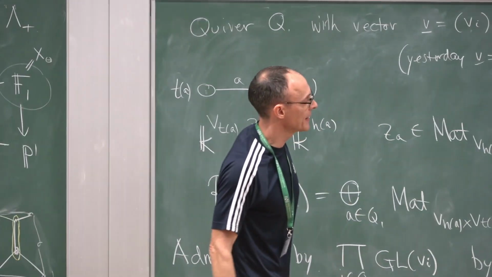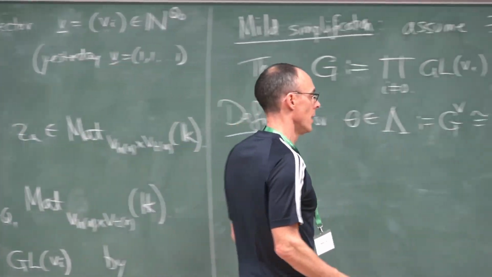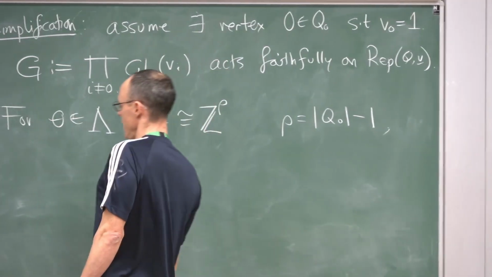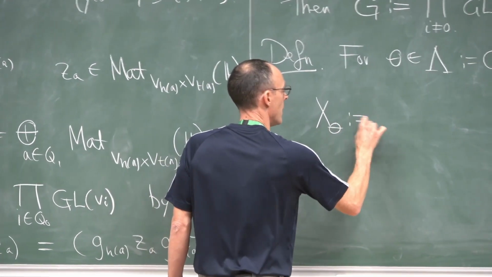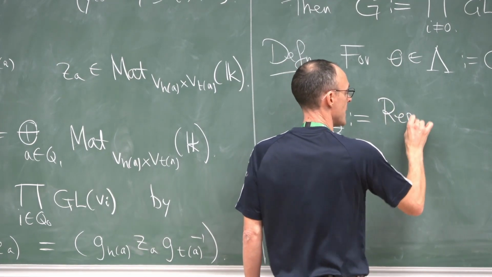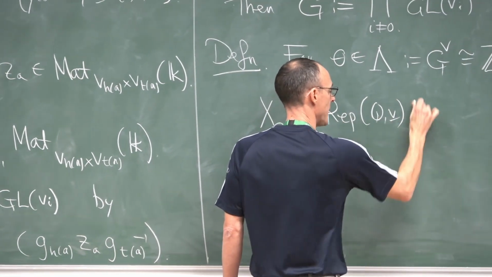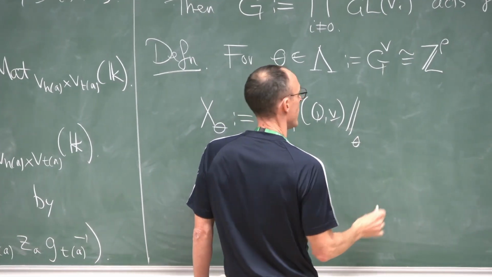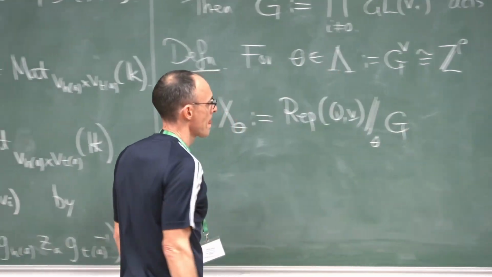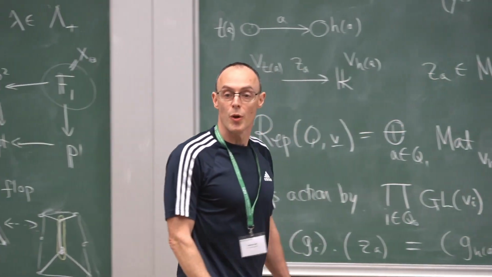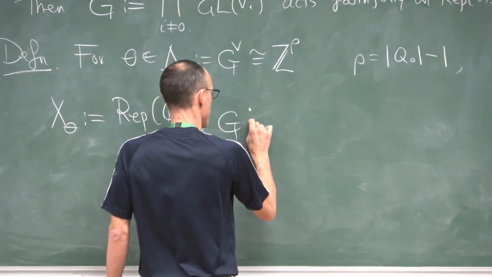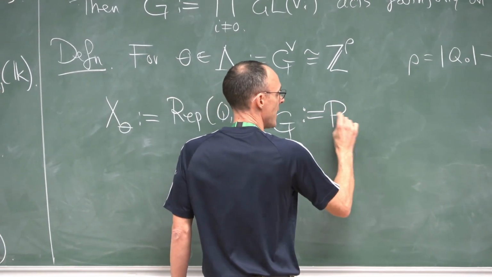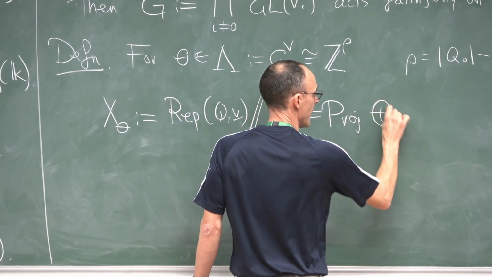So I take any character and I define the GIT quotient as follows. For theta, X_theta, my GIT quotient, I take this vector space and I take the GIT quotient with a choice of linearization theta. So the definition I gave you yesterday, this is Proj of the graded ring.